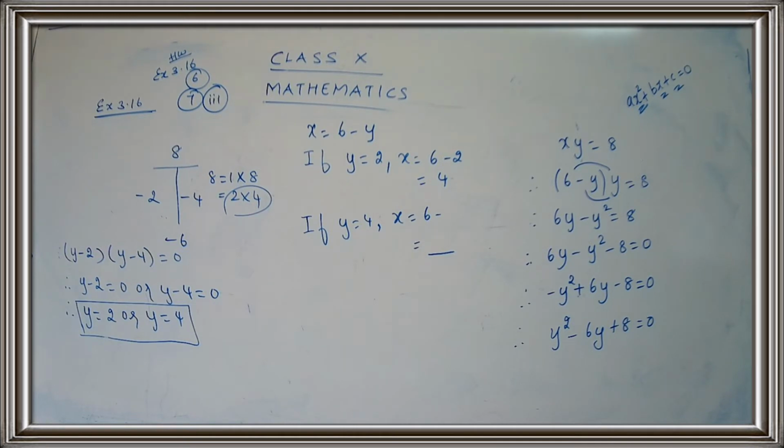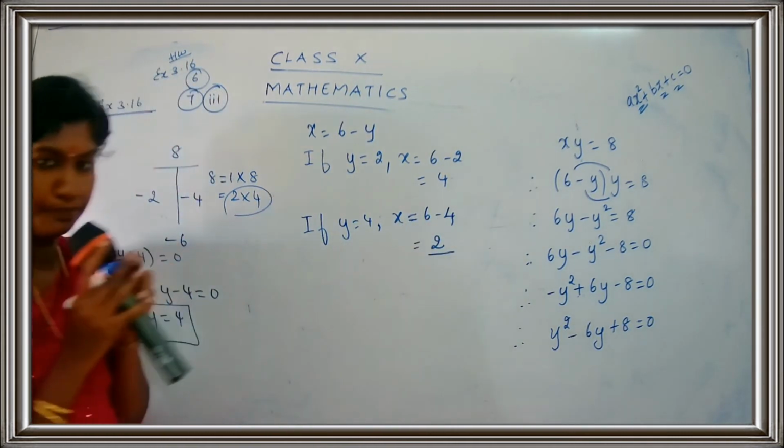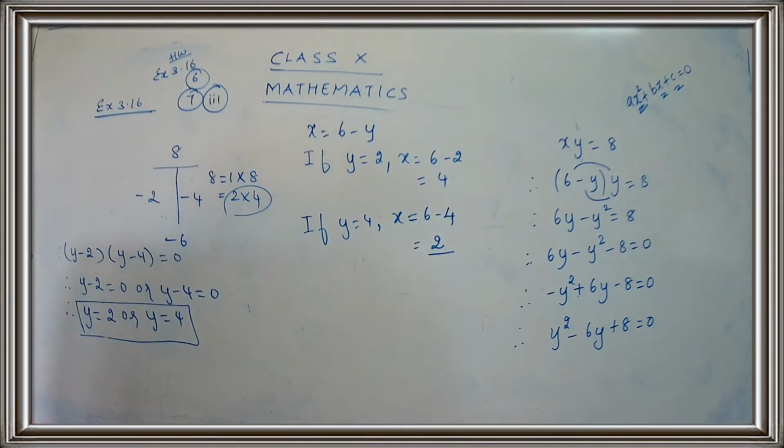Okay, so what is the answer you're getting over there? Yes, it's 2. If y is equal to 4, x is equal to 6 minus 4, which is equal to 2. Okay, so we have two cases for x.